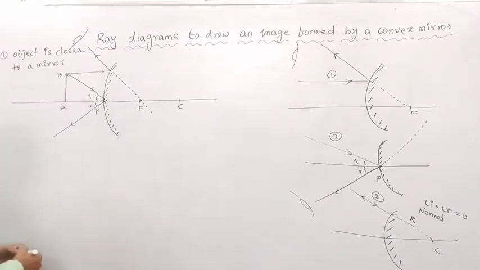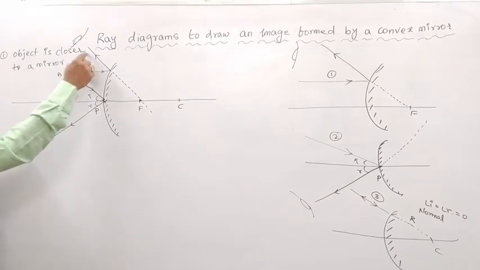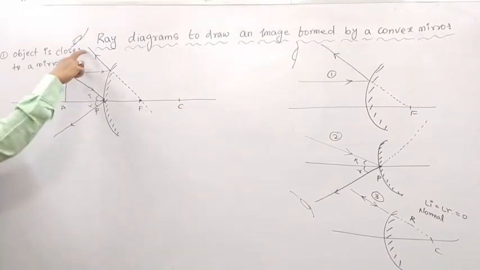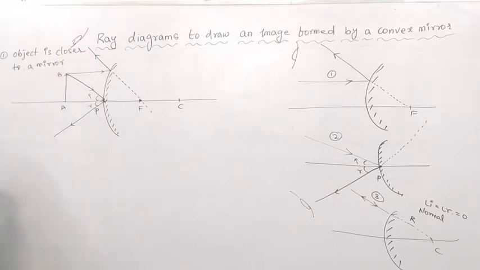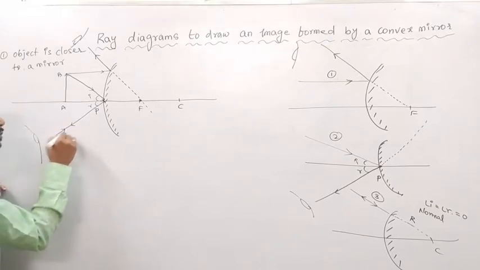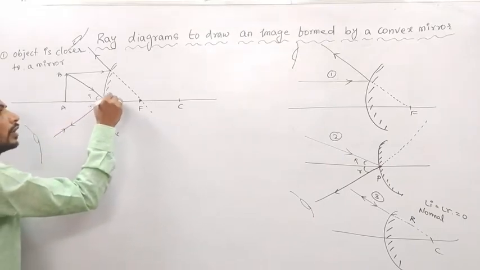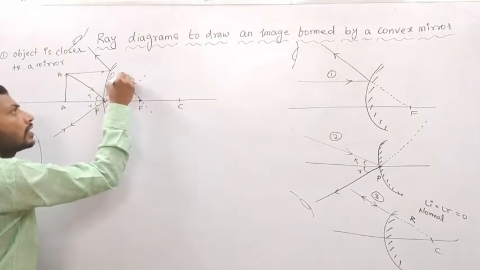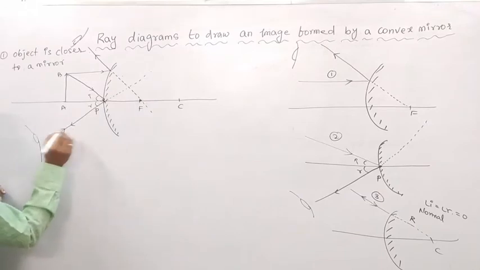So now when this ray reaches your eye, this ray also reaches your eye. When you retrace these two rays, retracing means moving in the backward direction, you see, this is the first reflected ray, this is the second reflected ray.